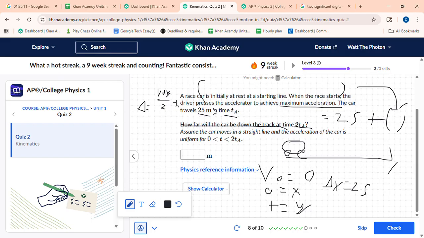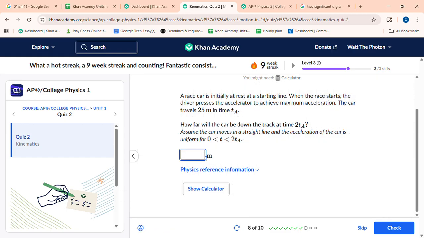Change in x is going to be v naught, that's still 0, plus 1/2 a t squared, where time is equal to 20, 20 squared, and a is equal to 1/2. So we get 400 over 4. That's delta x is equal to 100. This should be right.